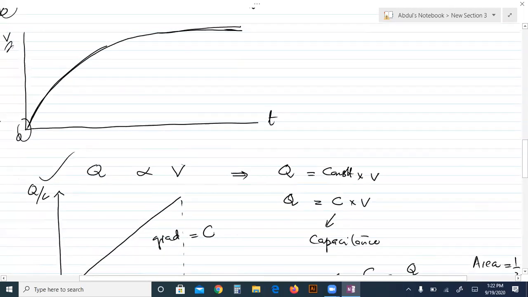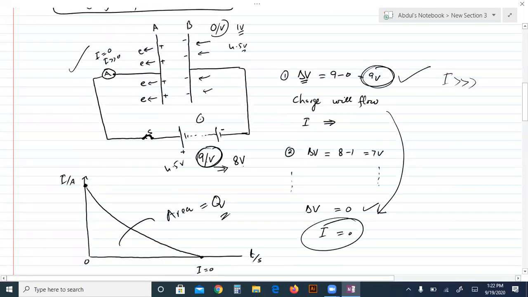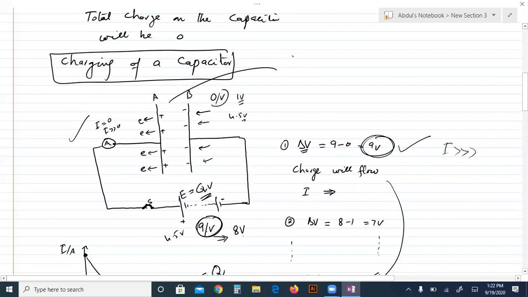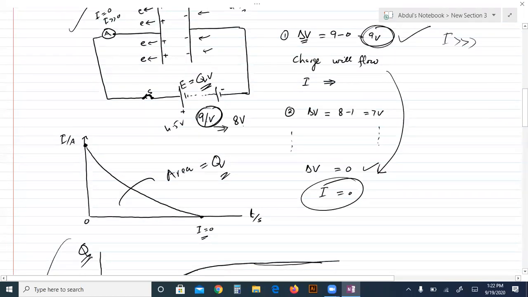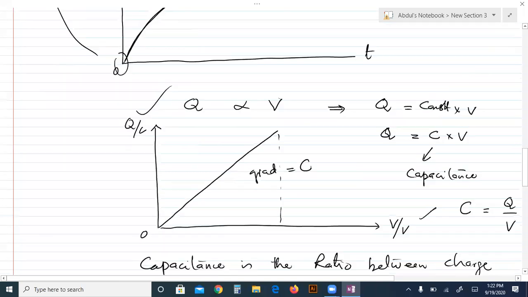It means during charging, the battery is supplying energy QV, but the capacitor is storing half QV, and the rest half of the energy is lost as heat due to internal resistance of the battery and connecting wires.